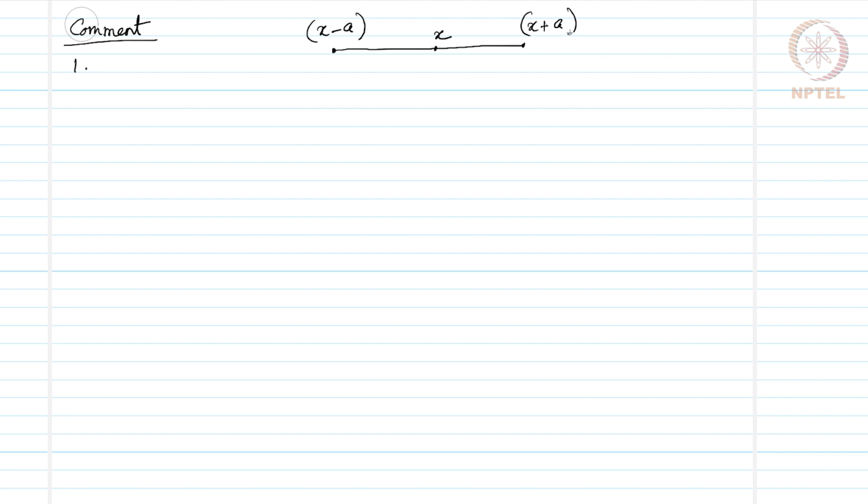Then the solution, that is V(x) at the midpoint here, is nothing but the average of V(x plus a) and V(x minus a), because there is no charge in between. And this is valid for any arbitrary a as long as there is no charge on this segment that we are considering.